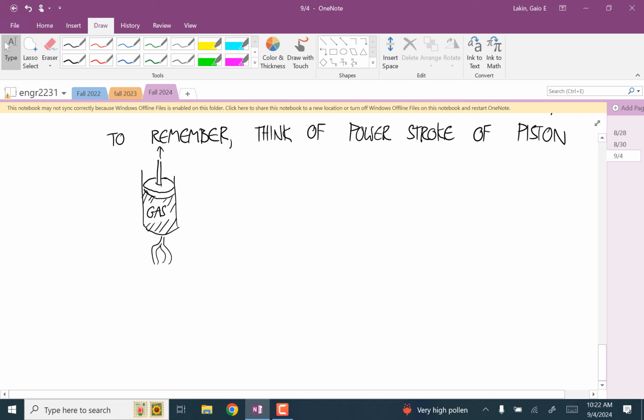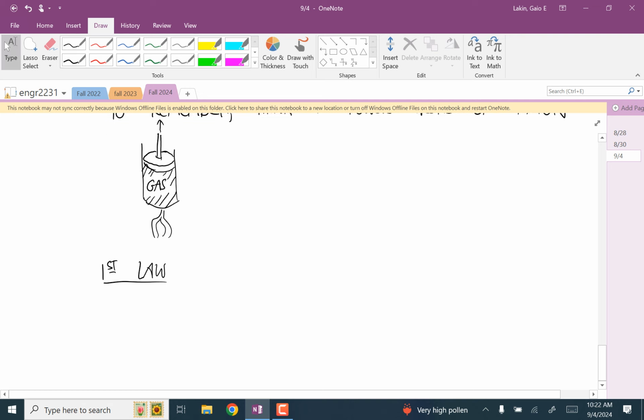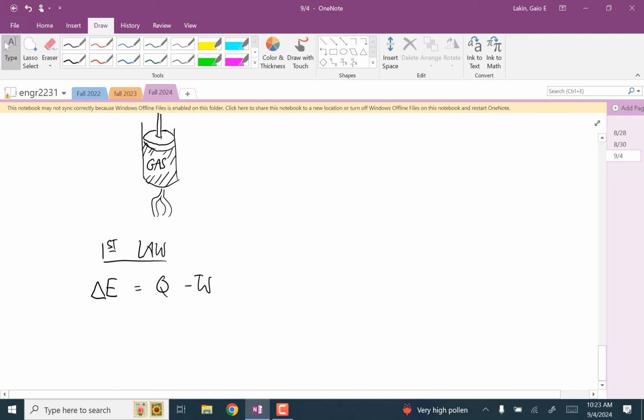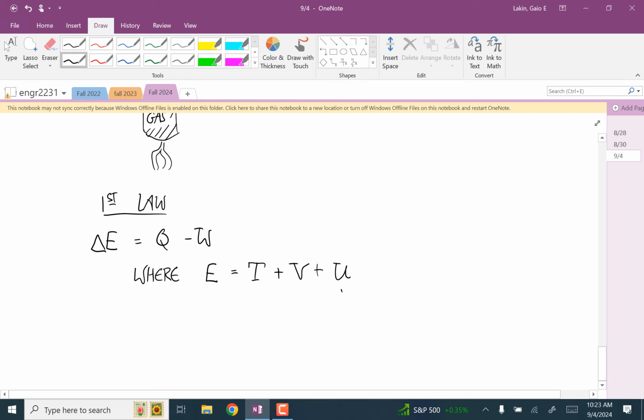But with the funny sign convention, what you get is the change in energy is equal to Q minus W, where E is defined as T plus V plus now U, and this U is the internal energy.